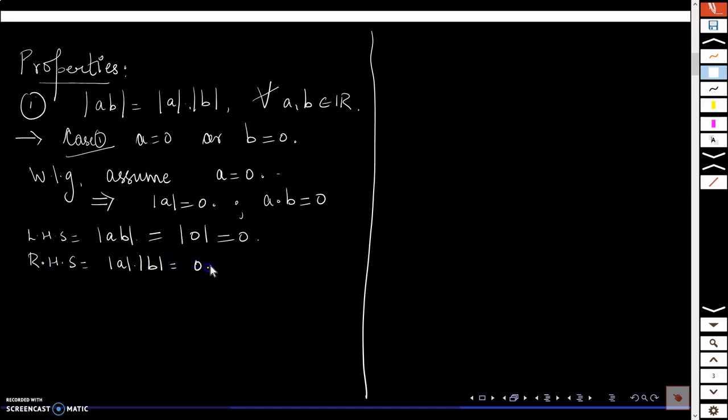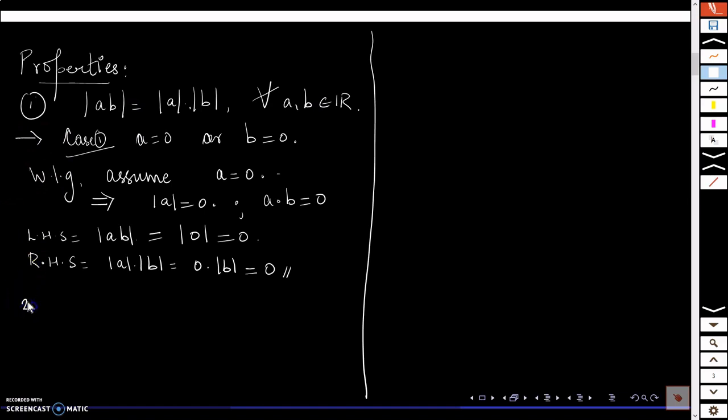So this is 0 into modulus of b. I don't know what is modulus of b. It's enough for me that one of them is 0. So the product is 0, right? So if one of them or both of them are zeros, then the left hand side will be 0 and the right hand side will be 0, and the equality is established. So this property works well when at least one of the real numbers a and b is 0, right?